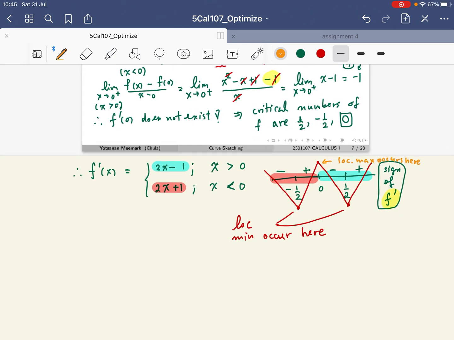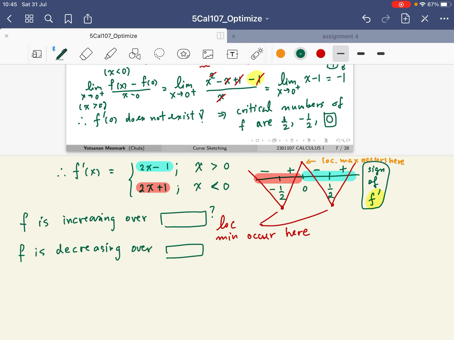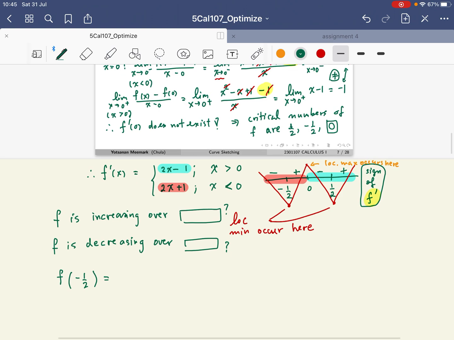We would like you to write down by yourself whether your f is increasing over which interval, and your f is decreasing over which interval.